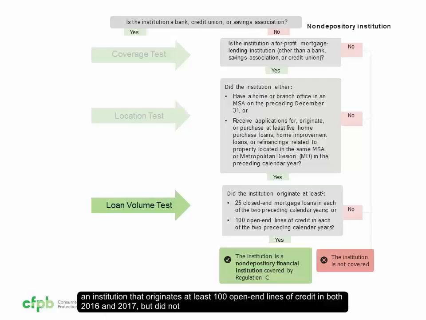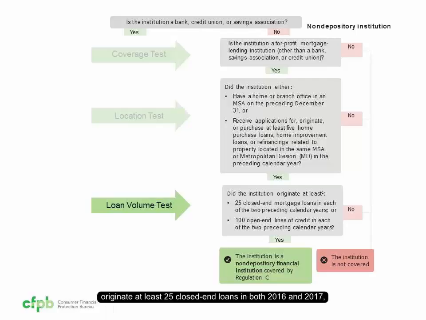Conversely, an institution that originates at least 100 open-end lines of credit in both 2016 and 2017, but did not originate at least 25 closed-end loans in both 2016 and 2017, would be required to report information only about its open-end lending.